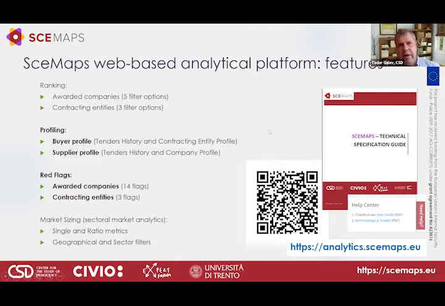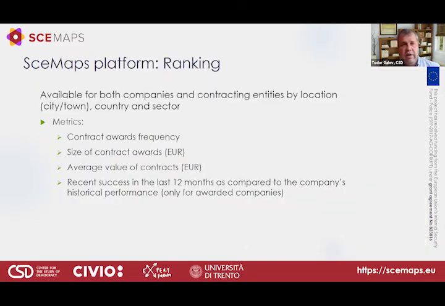First of all, it's a manual on how to use the platform, but second, it gives all the details of how every indicator or red flag is calculated with the mathematical formula. So you can use it also as a reference tool if you want to make similar analysis.